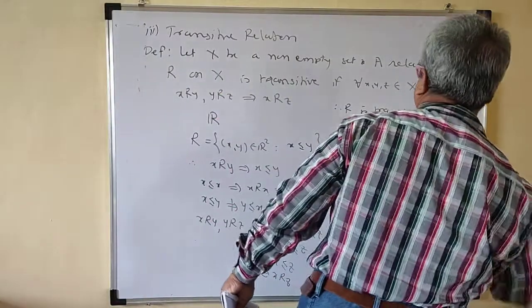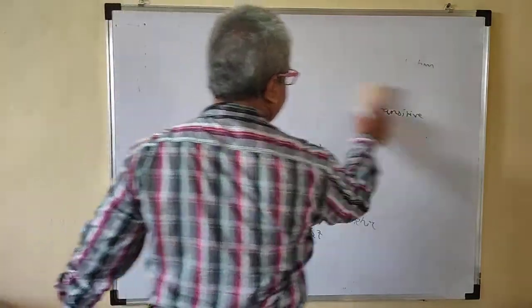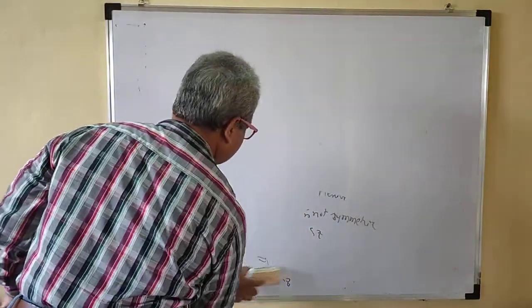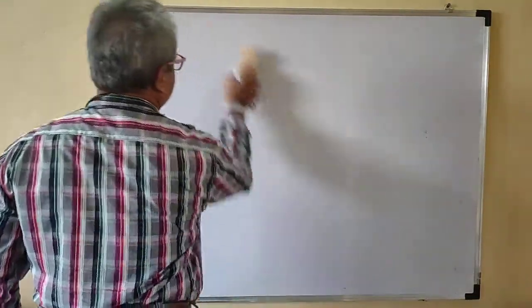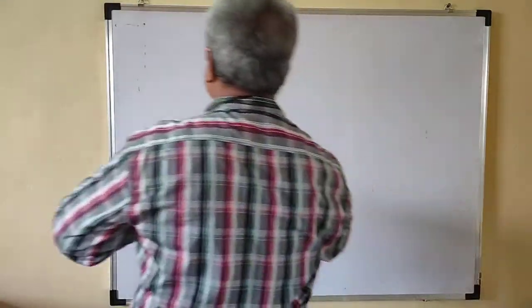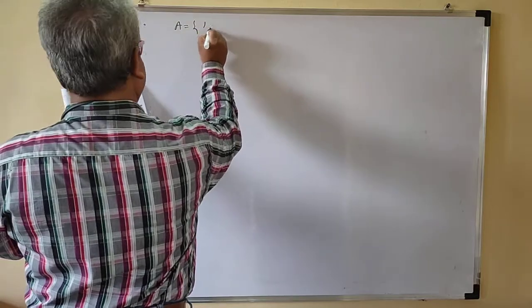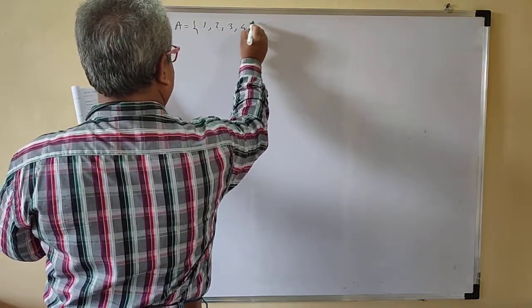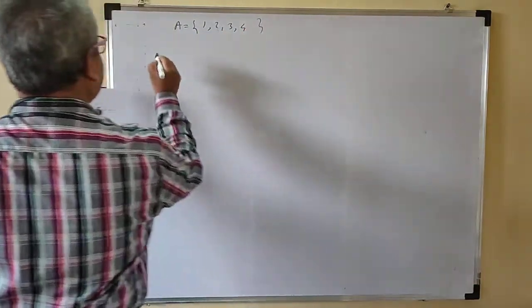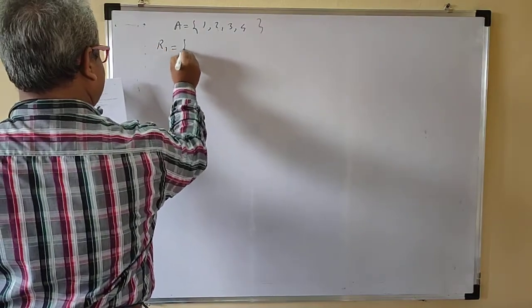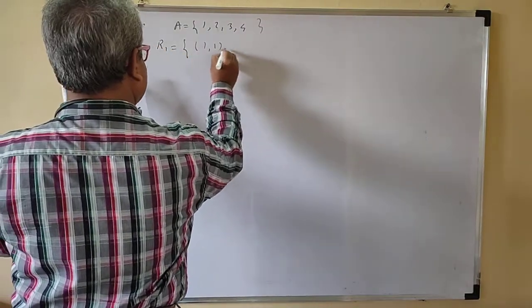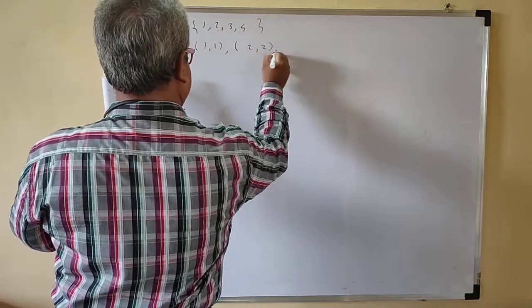Okay, so we'll take examples. Suppose A is equal to {1, 2, 3, 4}. So I'll take relations, and we'll check whether those relations are transitive or not.